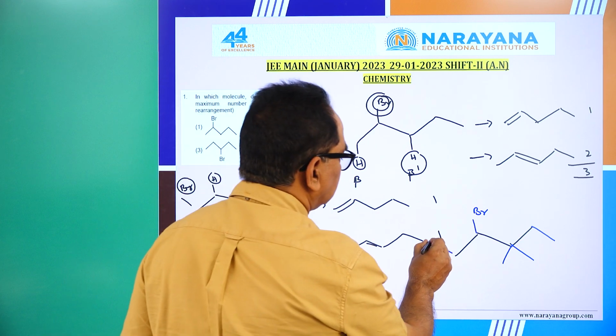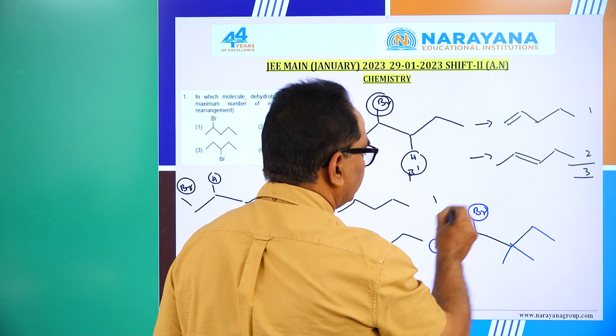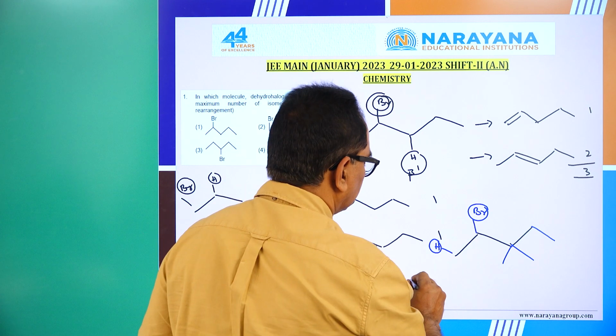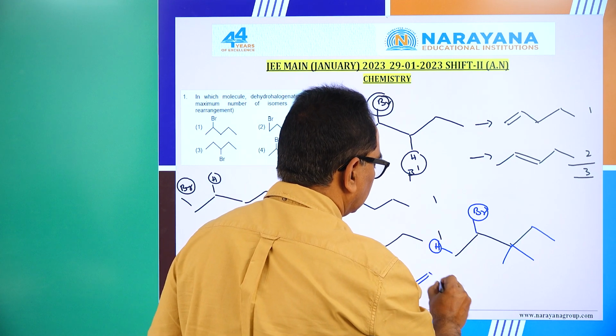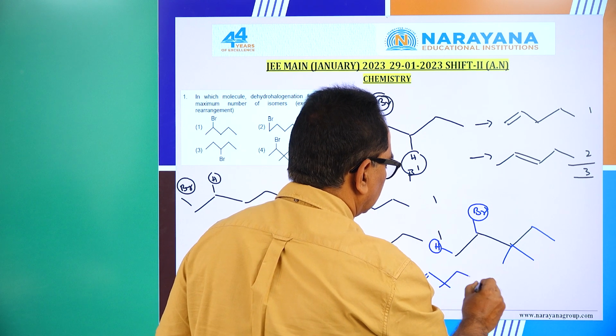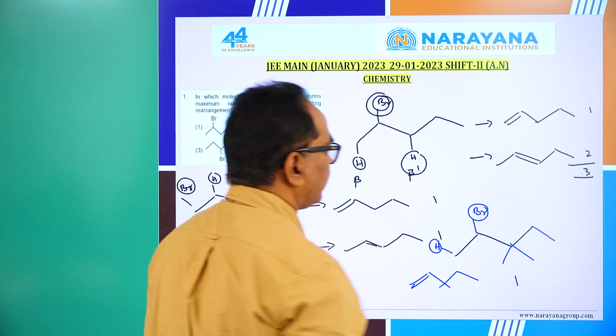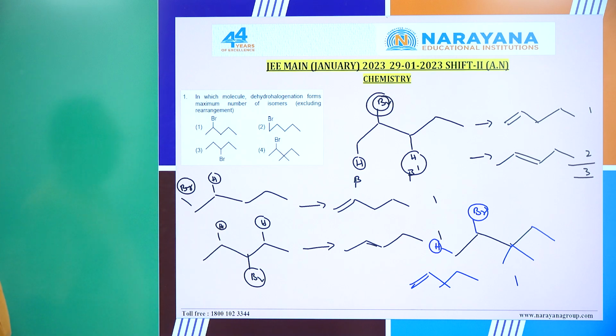If this hydrogen and this bromine are removed, then we get only one alkene and one isomer. So for the first question the correct option is 1.